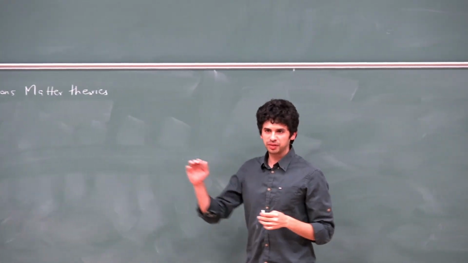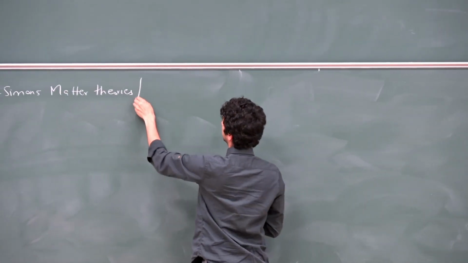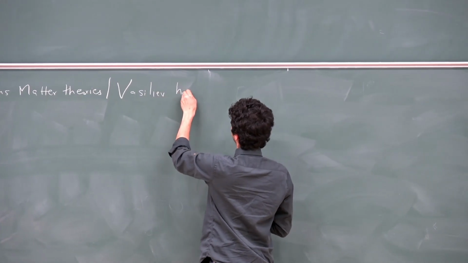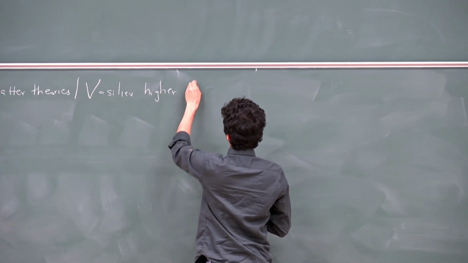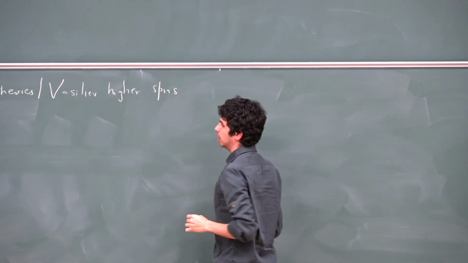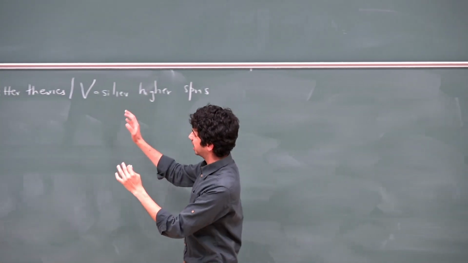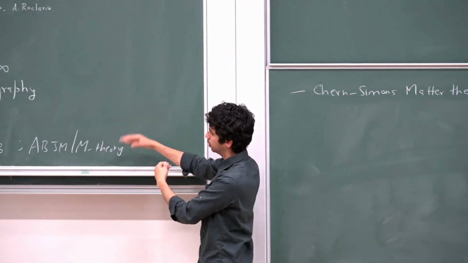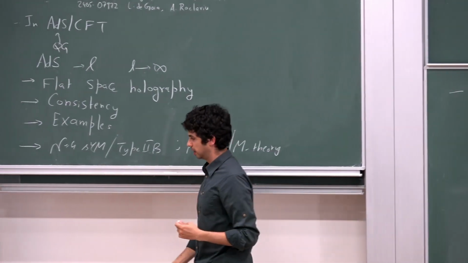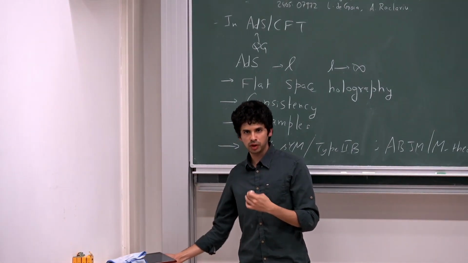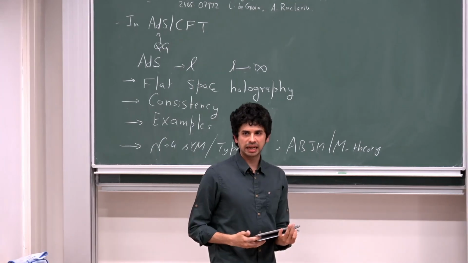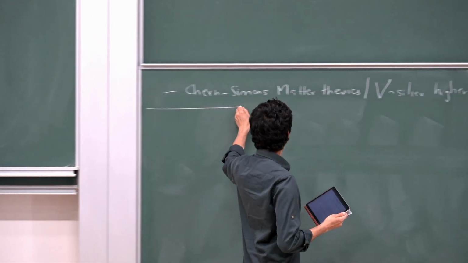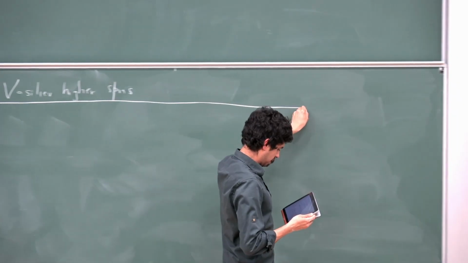Of course, ABJM is a specific example, but more generally, these are dual to some Vasiliev higher spin theories. And one could imagine taking Carrollian limits of these, and comparing them to flat limits on the other side, and learning something about flat space holography, or more optimistically getting top-down models. So this is the broad motivation for what I'm going to tell you about today.